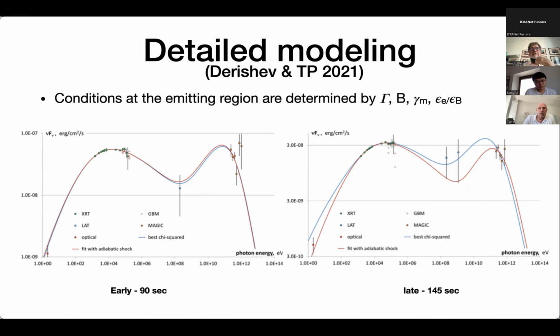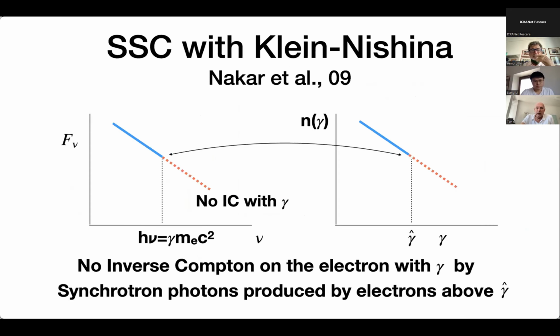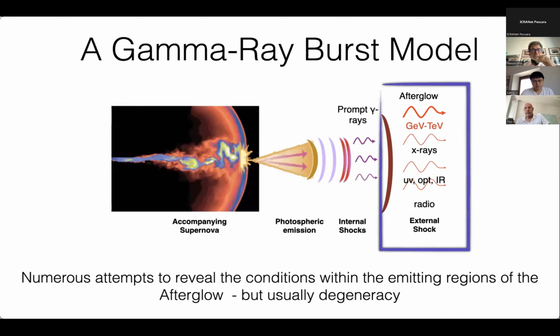I presume that your model used the blast wave model with very high gamma. Yes, this is the model that we have here. This is a blast wave.